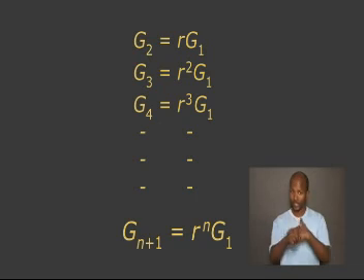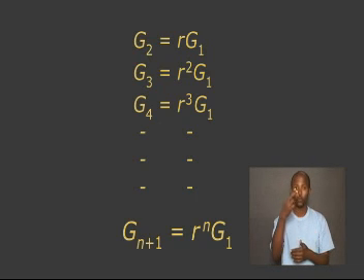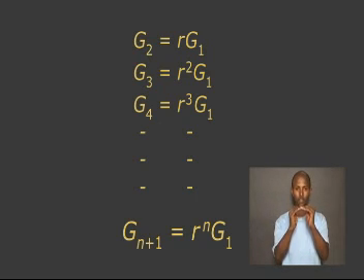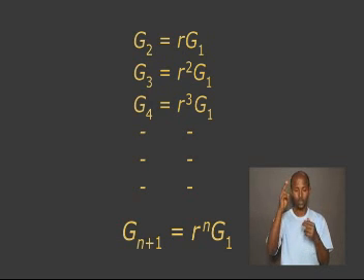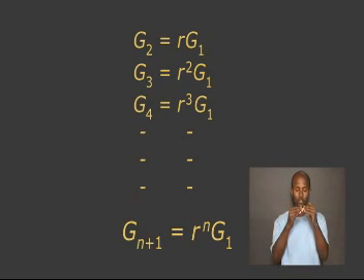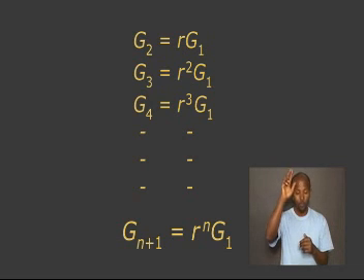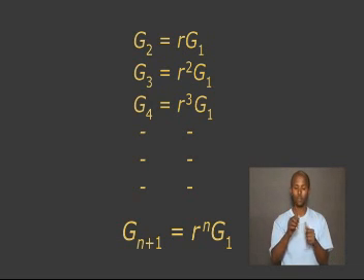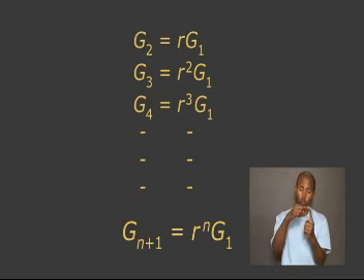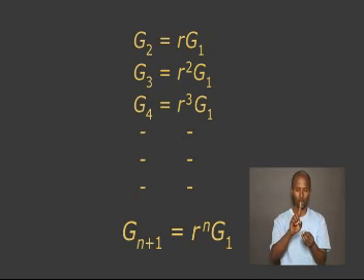Therefore, G2 equals R times G1, G3 equals R squared times G1, G4 equals R cubed times G1, and so on to Gn plus 1 equals R to the power of n times G1.